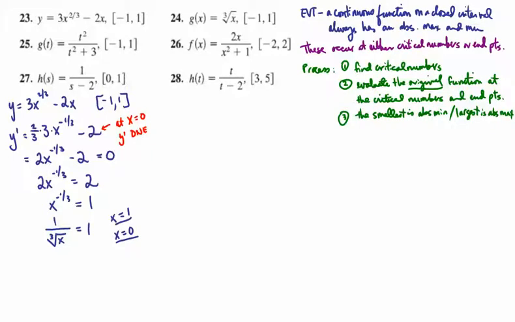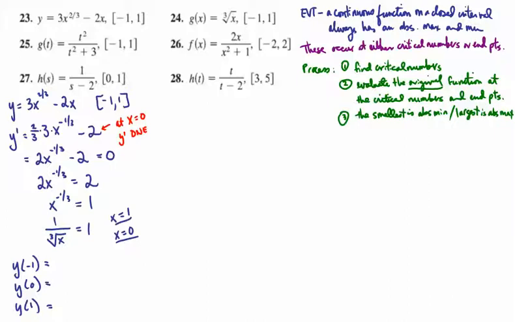Alright, now what do we do? We evaluate the original function at each of the critical numbers and endpoints, and so we want y of -1. You'll notice that 1 is both a critical number and an endpoint, and that's fine. We'll still evaluate it only once. We're going to plug -1 into the original function.